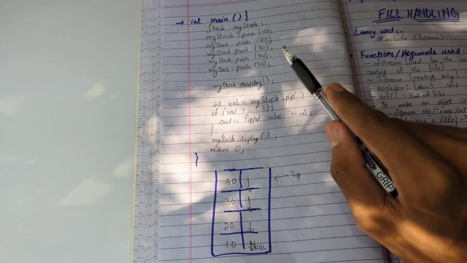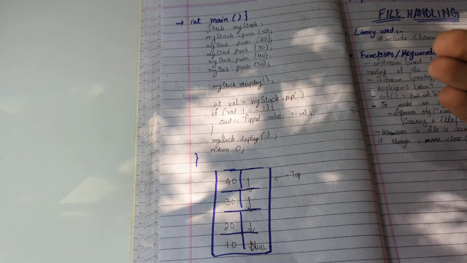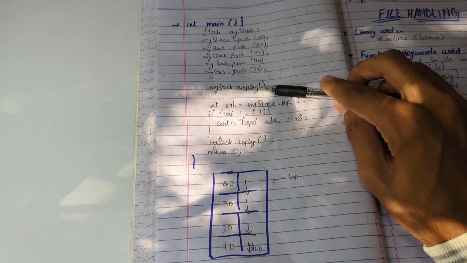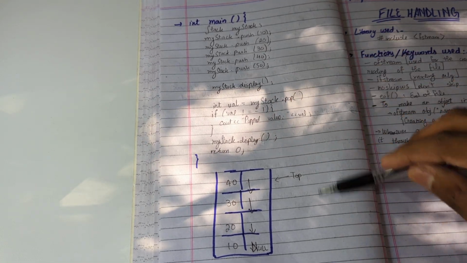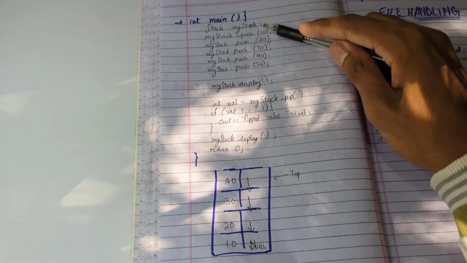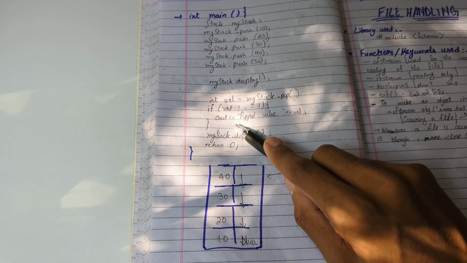and we pop basically. We're removing from the stack. We created a stack, displayed the stack over here, and now over here we're removing from the stack. So we're going to call the pop function for myStack, this exact stack. If value is not equal to -1, cout pop value.